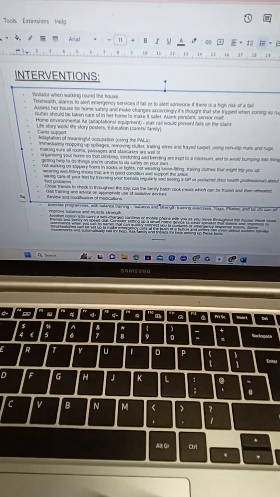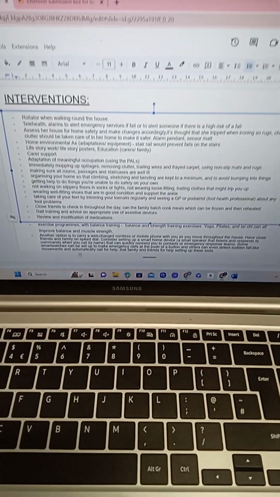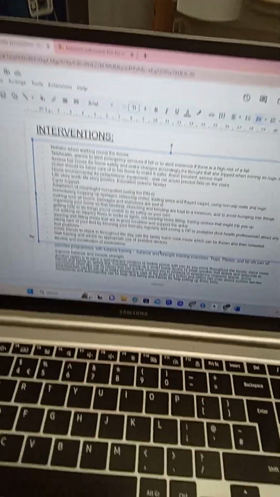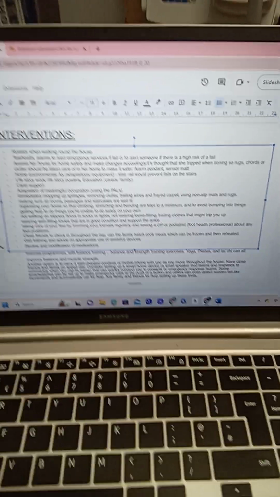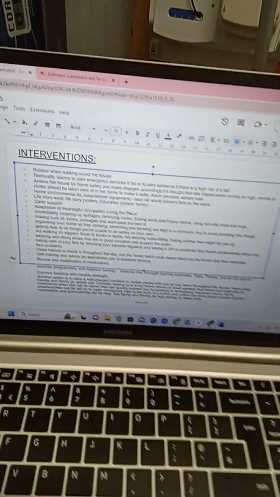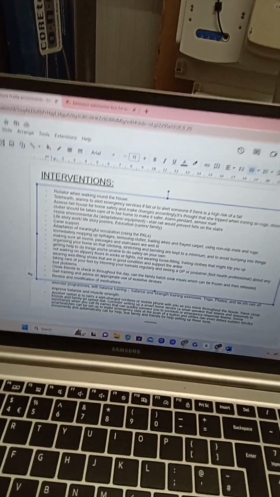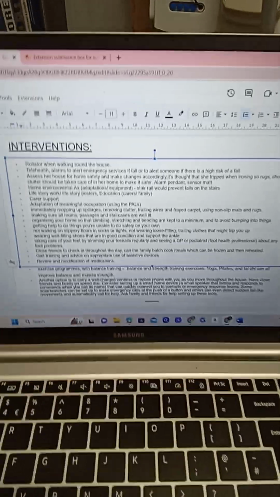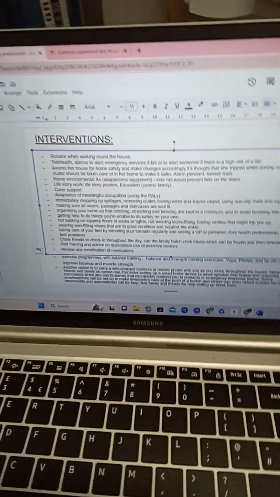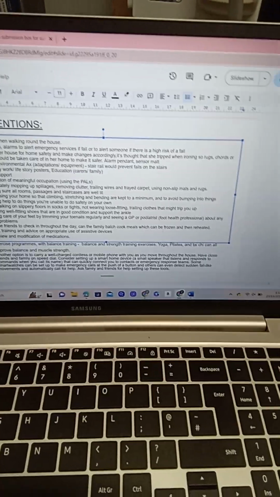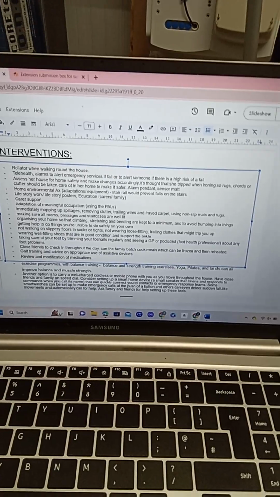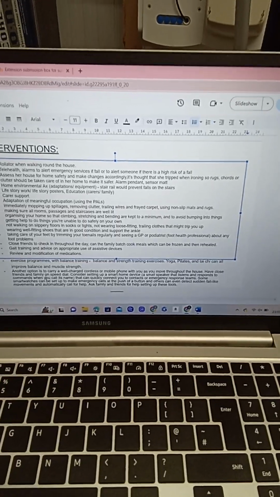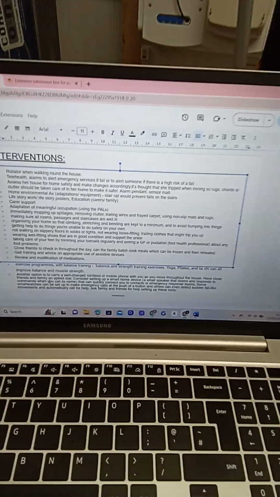So the interventions that I looked at, so we could look at getting equipment around the house, so alarms to alert services that Barbara has fallen, or to alert someone that she is at high risk of a fall. So we can assess her house for home safety and make changes. So we could also have a pendant that she could wear around her neck just to press the button if anything happened.